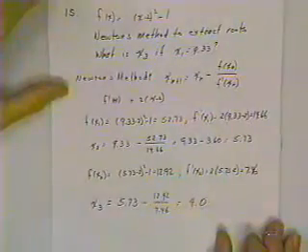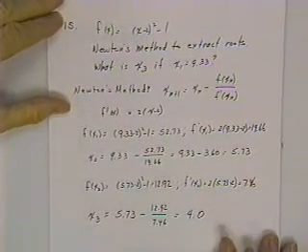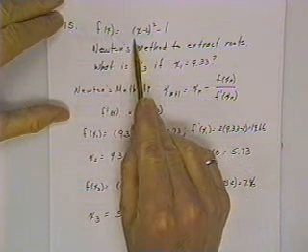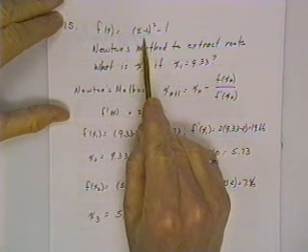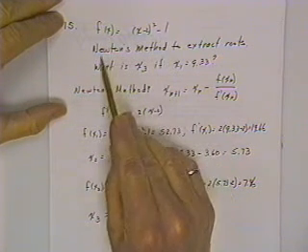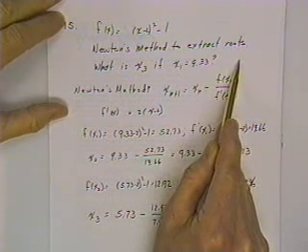Now, the last particular problem in this one is a Newton's method. It's the only Newton's method I have ever seen in a sample problem. And I'm not sure whether this one was taken from an actual exam or not. I suppose it was. It gives you a function of x, which is x minus 2 quantity squared minus 1, and it asks you to use Newton's method to extract roots.